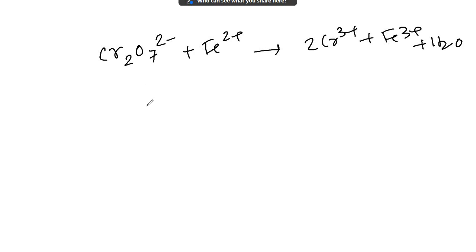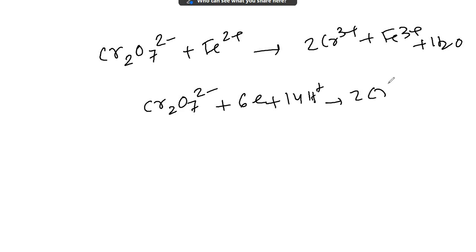If I write down the balanced equation, what does it become? Fe2+ loses an electron and becomes Fe3+.